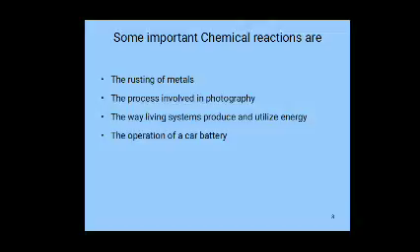The operation of a car battery. In a battery, we use some chemical compounds like sulfuric acid, nickel, lead, batteries, hydrogen-oxygen batteries. These all are fuel cells that interact with components to form new components in the substance.